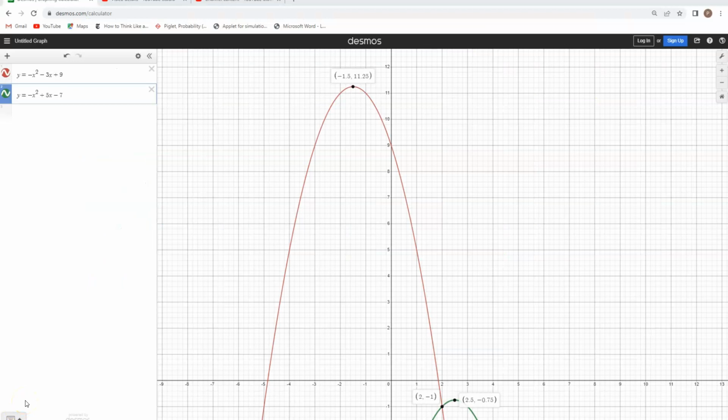Using a graphing calculator based on the first and second piece, here (-1.5, 11.25), or (-3/2, 45/4), is a local maximum, and (2.5, -0.75), or (5/2, -3/4), is a local maximum, and we have (2, -1), which is a local minimum.